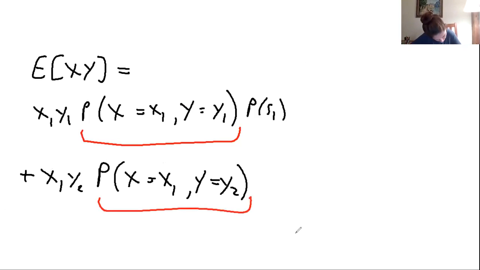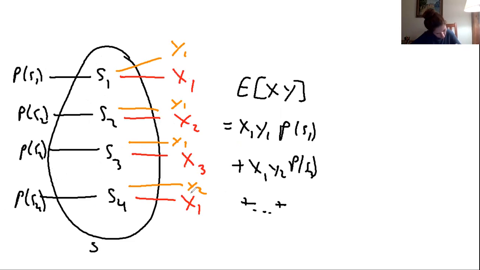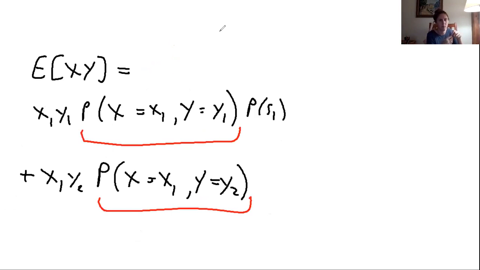And what is this? We have x1, y2, it's probability of S4. There is only one instance of x1, y2, it's S4. I'm not missing anything. So that thing is simply probability of S4. This was the probability of S1. Good, and then I continue.